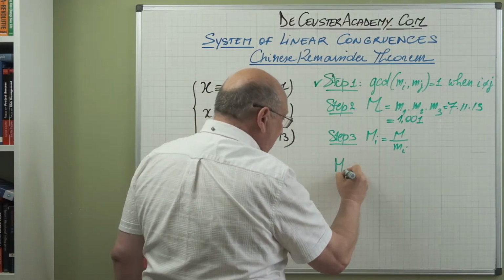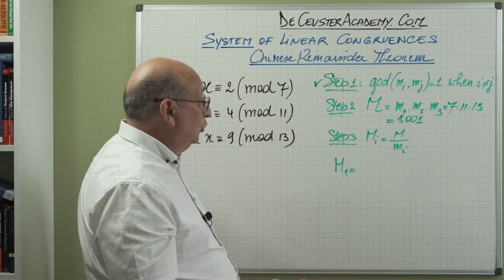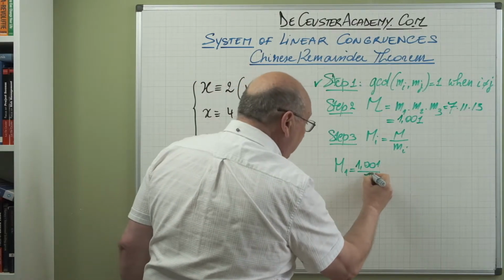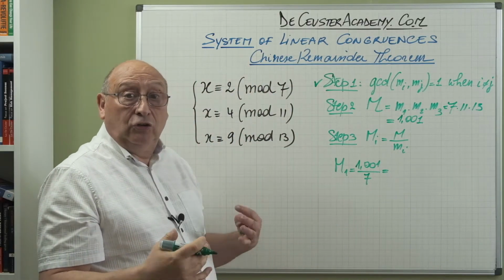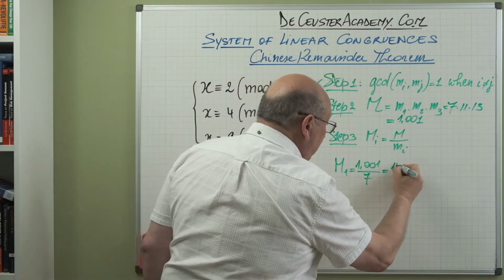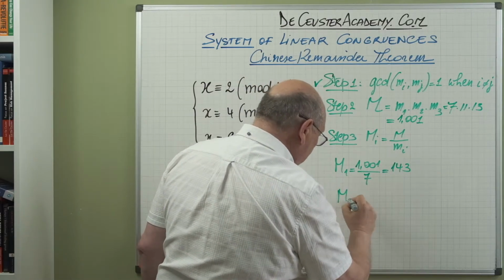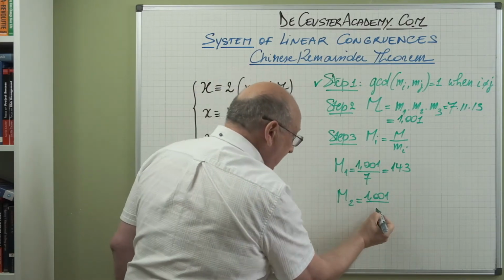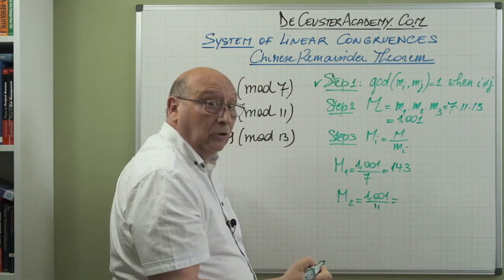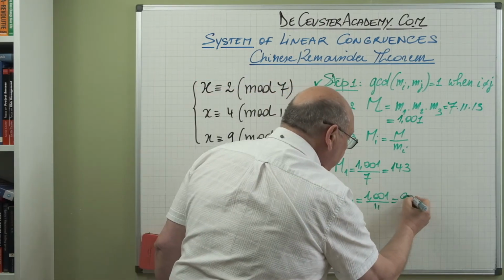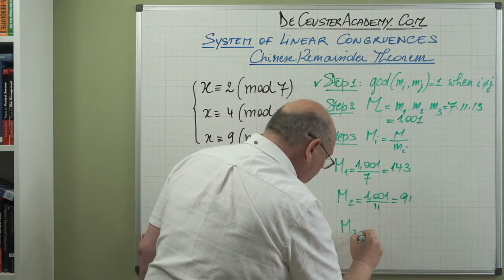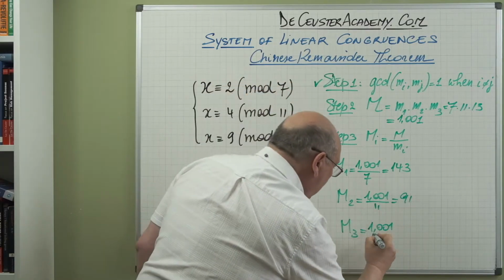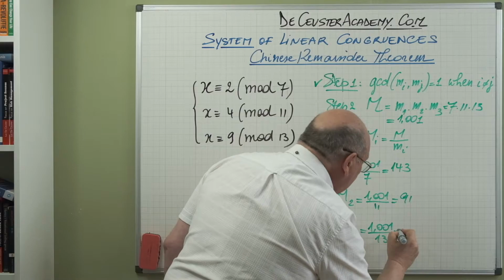So we find big M1, which is equal to 1001 divided by 7, which gives us the number 143. Then M2 is 1001 divided by 11, which is equal to 91. And finally we have M3, which is equal to 1001 divided by 13, which is equal to 77.